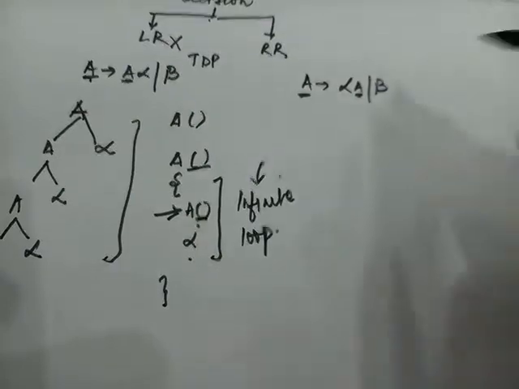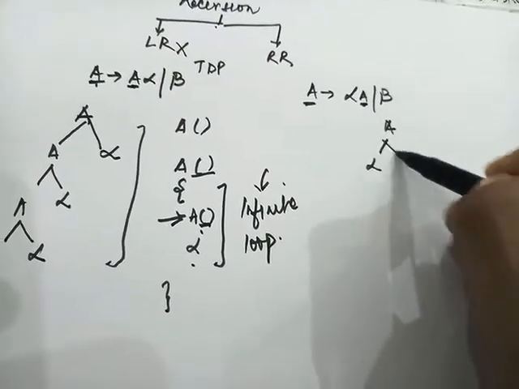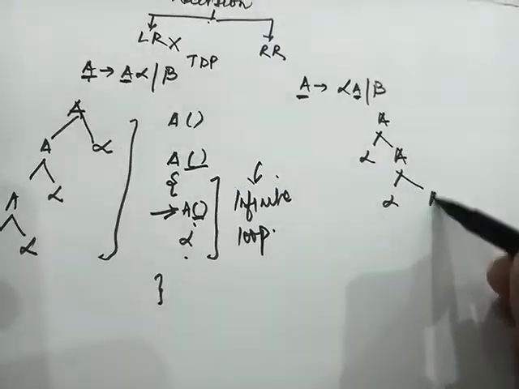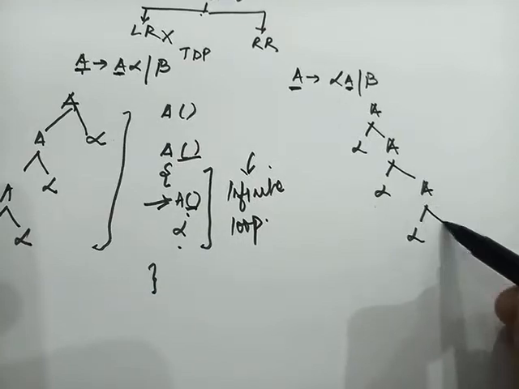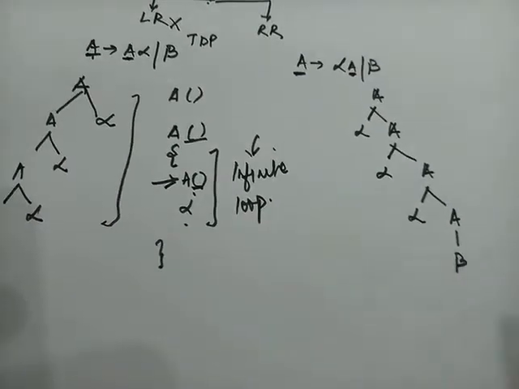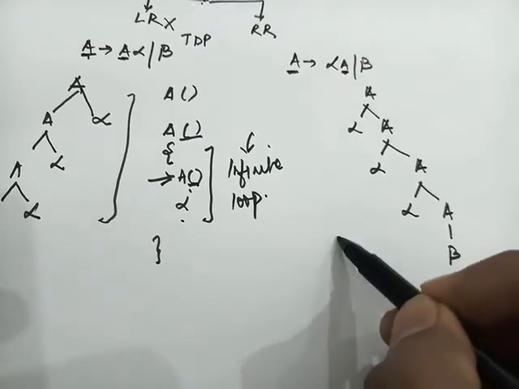But if you try this with right recursion, alpha A, and then again alpha A, then again alpha A, and then it is beta. In this case, you can say that first alpha will come.